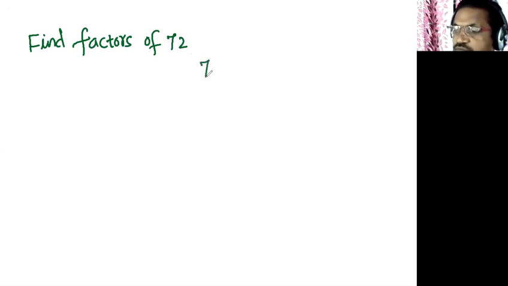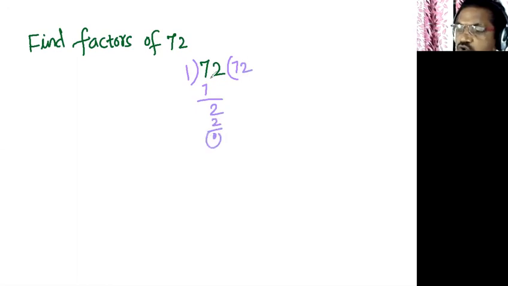Let us take the first number, 1. 1 times 7 is 7. 1 times 2 is 2. So 1 divides 72. Therefore 1 is a factor of 72. And 72 also divides 72. So 72 is a factor of 72. So 1 is a factor of every number, and every number is a factor of itself.